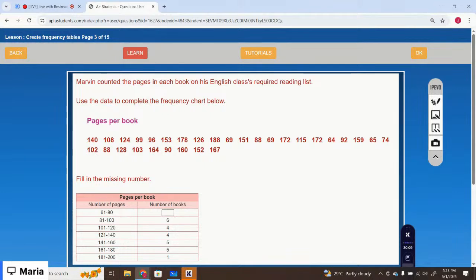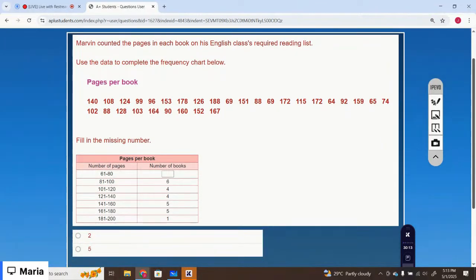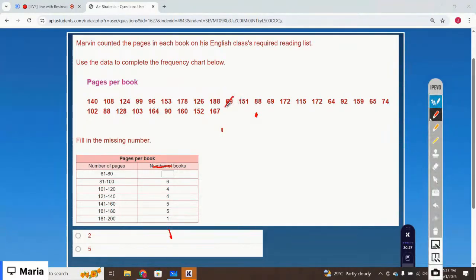Marvin counted the pages in each book on his English class required reading list. So for the number of pages, you need to find the missing number for 61 to 80.